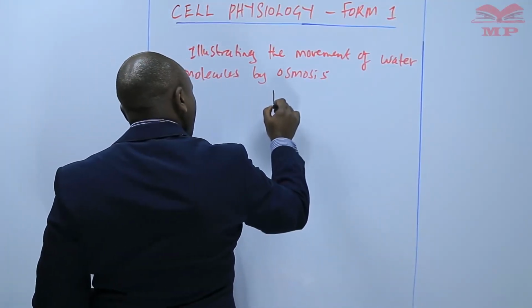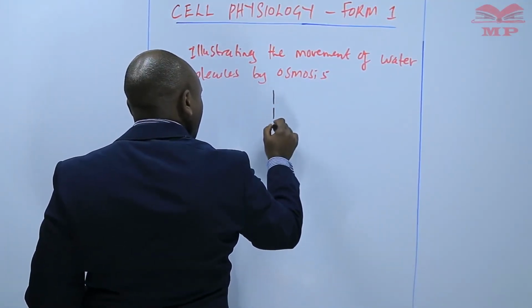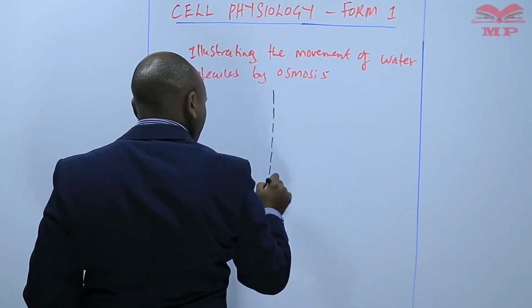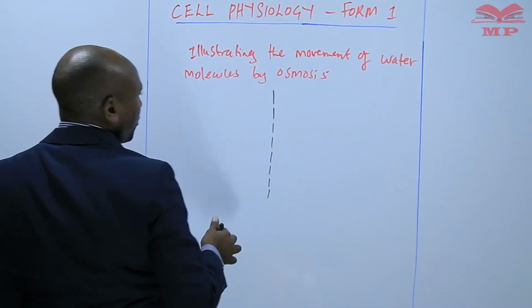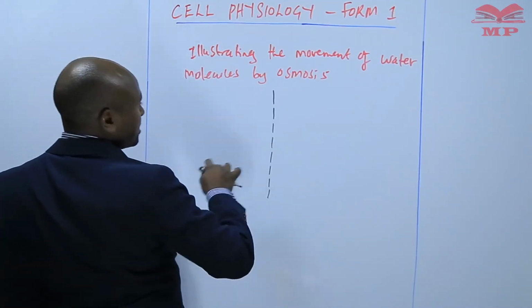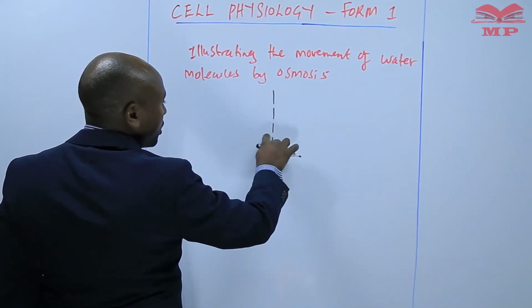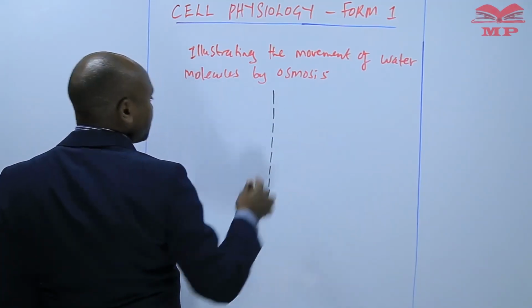and in this diagram we'll have a semi-permeable membrane. As you can see, the semi-permeable membrane has some pores through which materials can pass through.